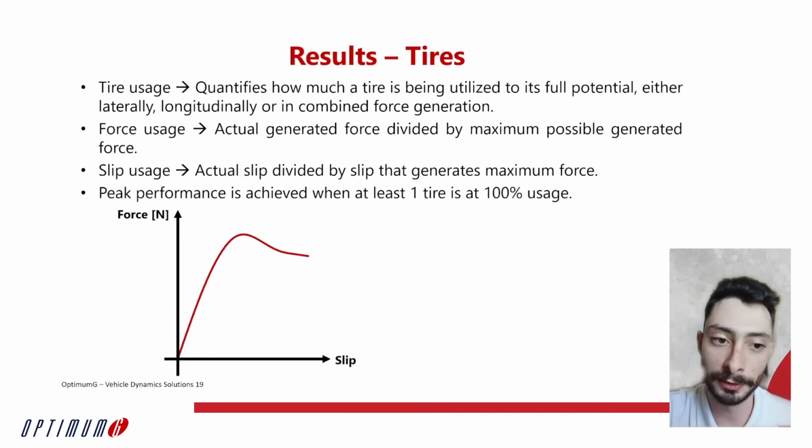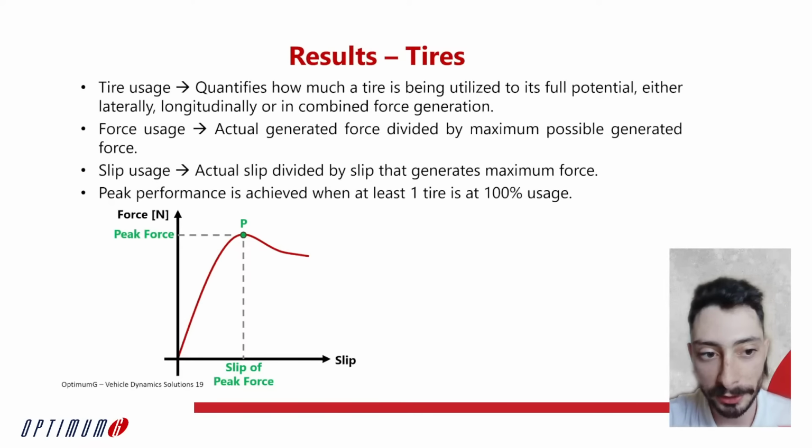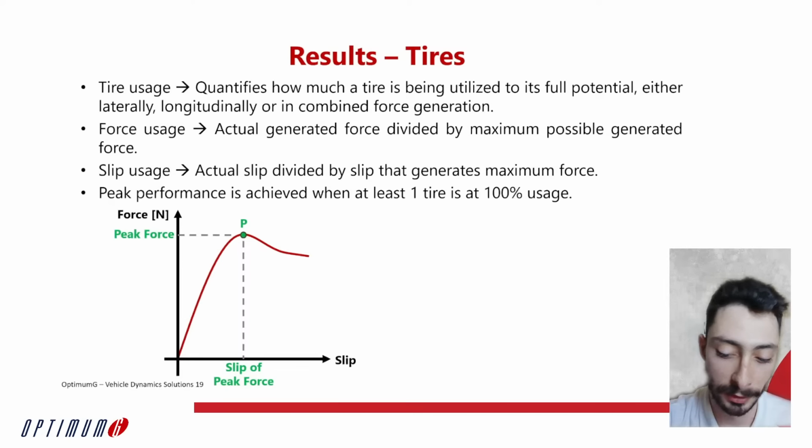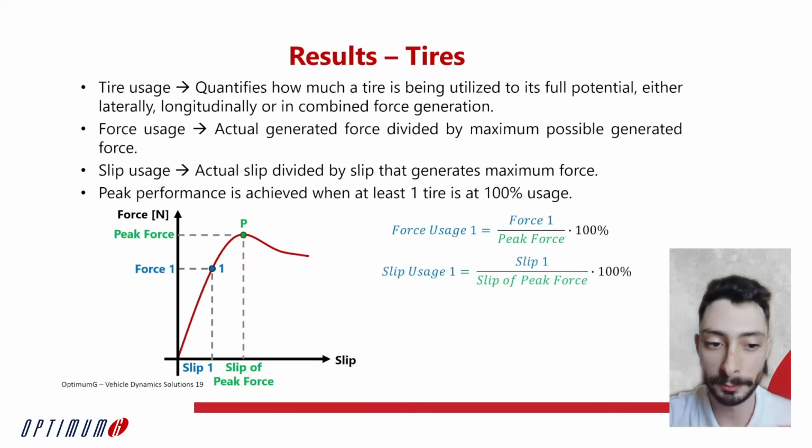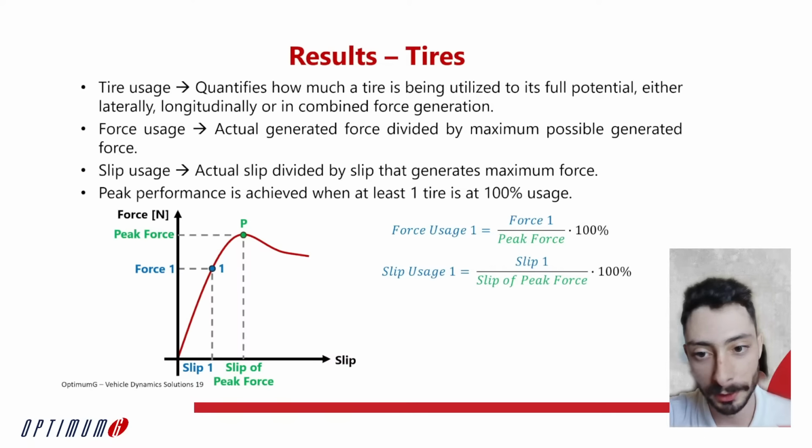This can be either lateral force versus slip angle or longitudinal force versus slip ratio. We can see here that this is our point P, the point where we have the peak force, and correspondingly we have the slip angle or slip ratio which generates that peak force. And if we have, for example, our operating point number 1 here, it will generate some amount of force at some amount of slip.